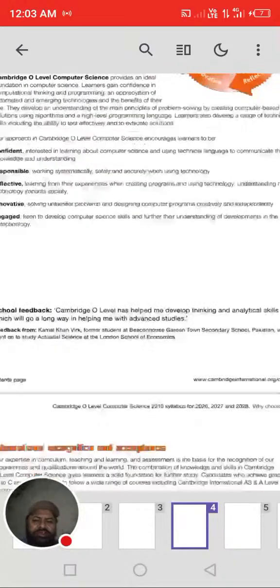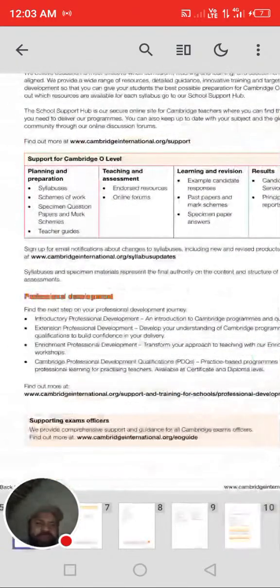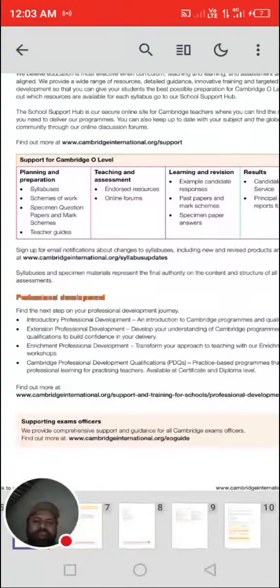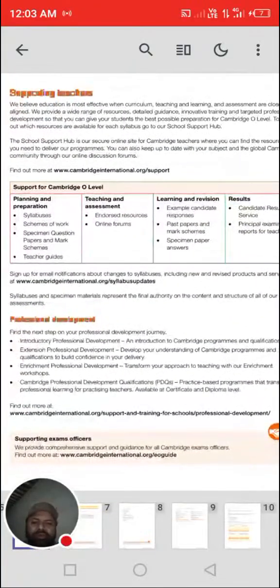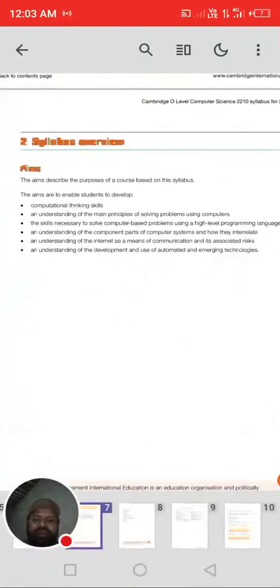And we move forward, and here it is. We read here, and here we can say support for Cambridge O Level. What is the planning, preparation, teaching, and assessment, and so on. So I'm skipping it.